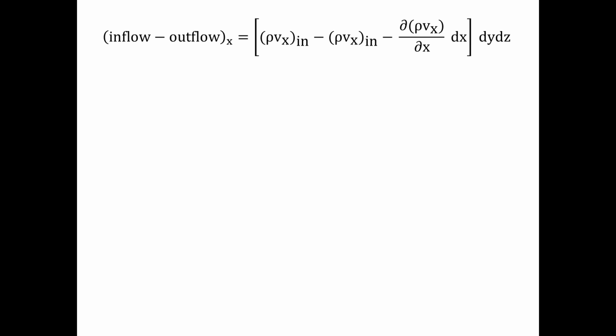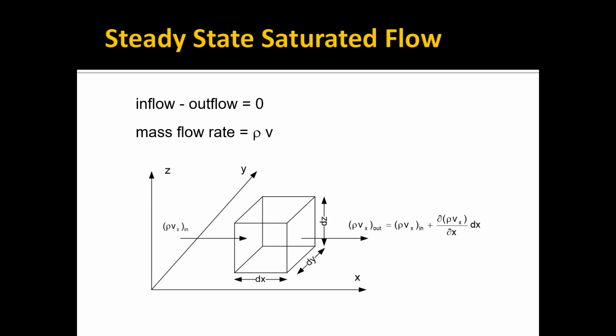and if we look at the inflow minus the outflow in the x direction, the mass flow in is rho vxn, and if we subtract from that the mass flow out, which is the mass flow in plus that derivative. Now remember, let me turn on my labeler.